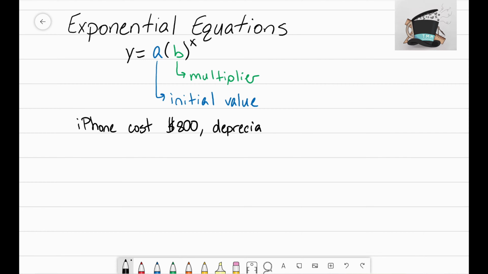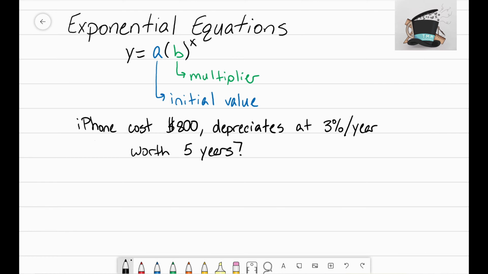Remember, depreciate means that the value is going to go down, and it depreciates at 3% every year. So every year that goes by, this iPhone is losing 3% of its value. And let's say I want to know how much this iPhone is going to be worth after 5 years.